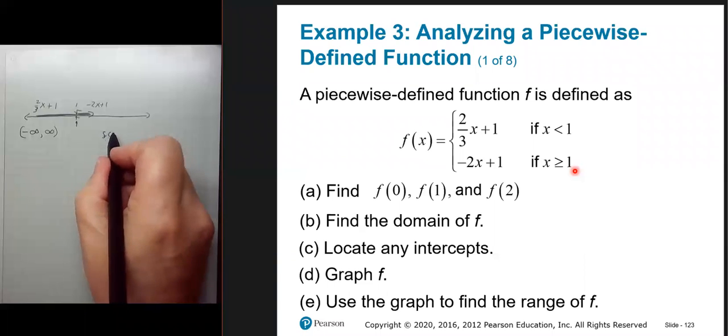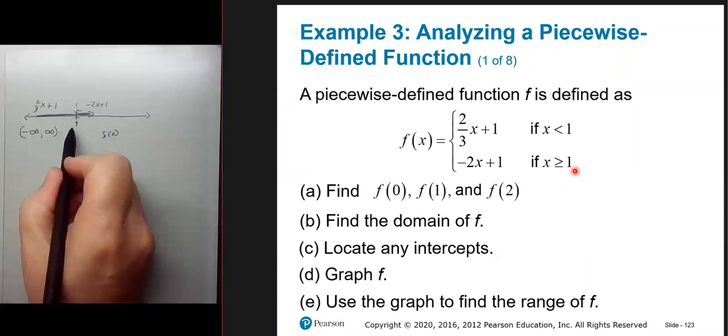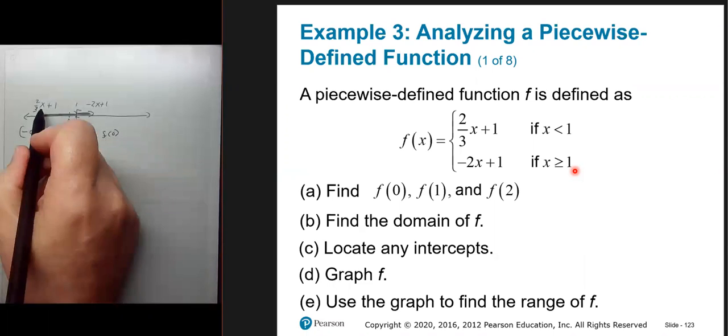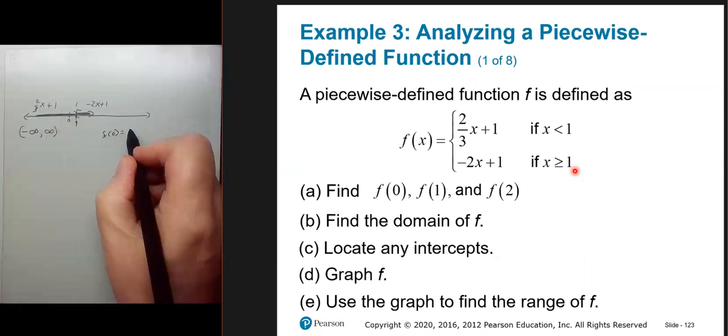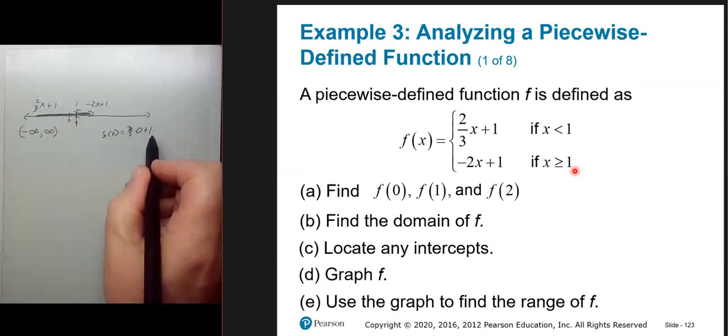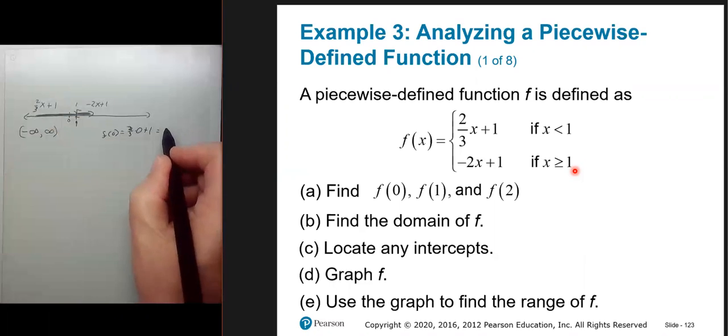So when I do f of 0, well, 0 is on this side of 1, so I'm going to use 2/3 of x plus 1. So 2/3 of 0 plus 1 is 0 plus 1, which is 1.